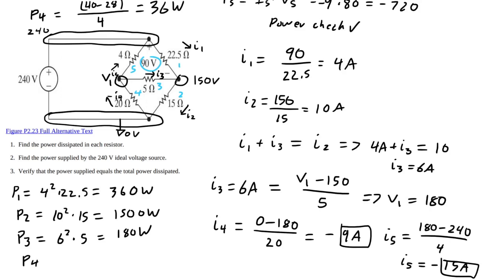Then P4 is going to be 9 amps squared times 20 ohms, so 81 times 20, that is 162 times 10, 1620. Double check that. Yeah, 1620.